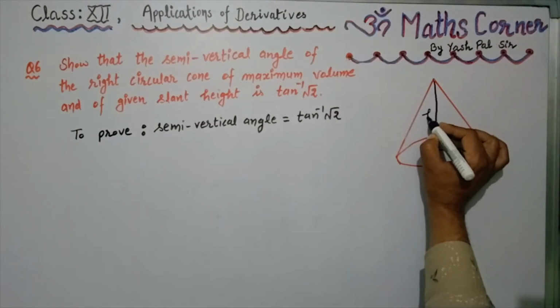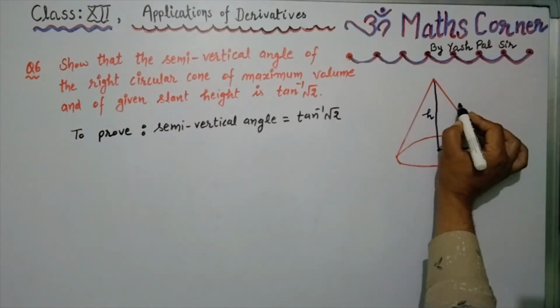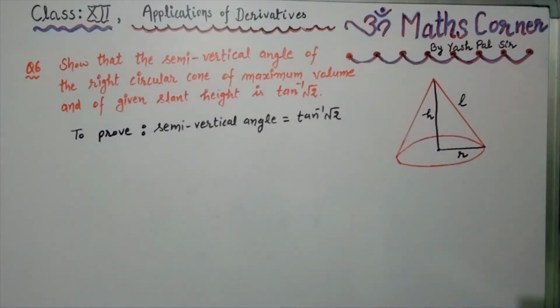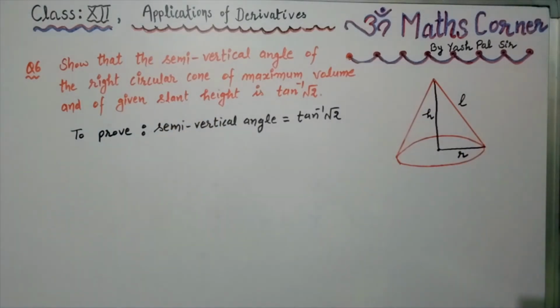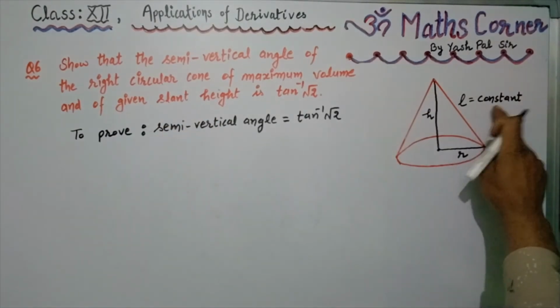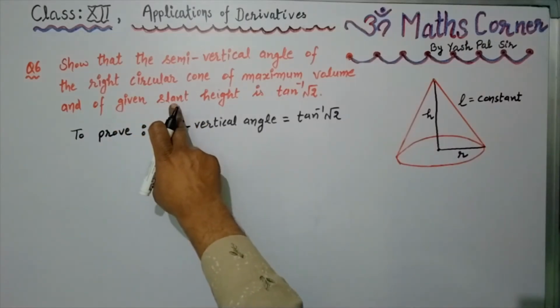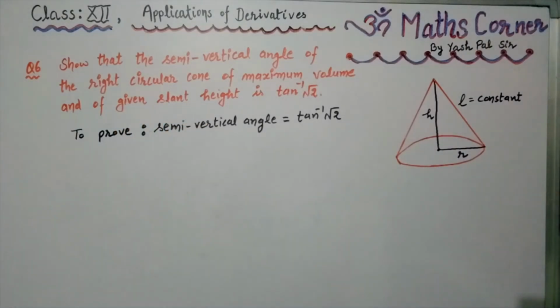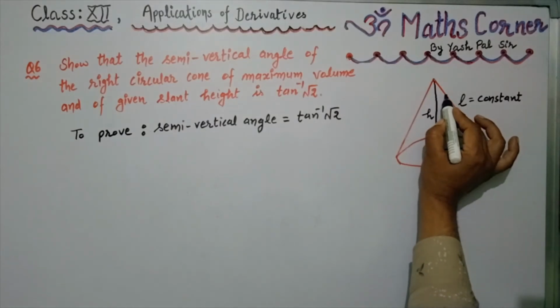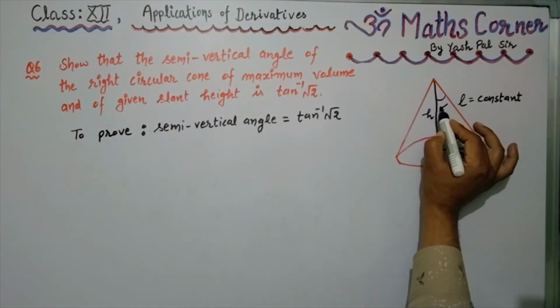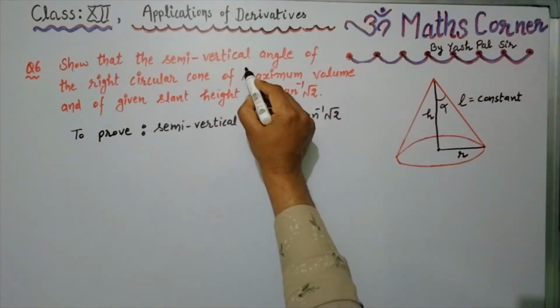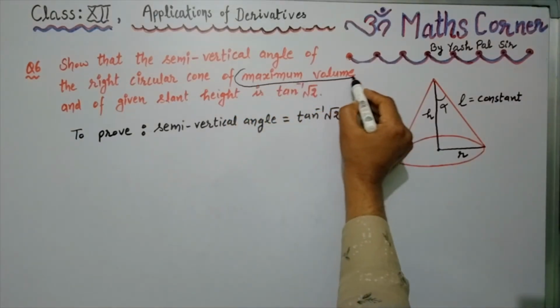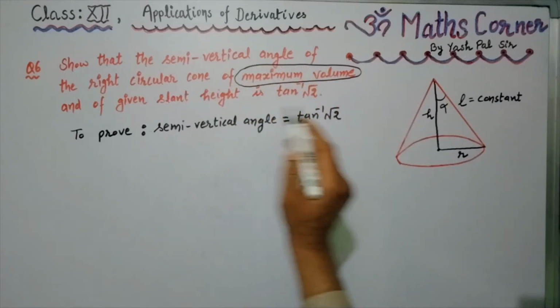Suppose r is the radius of the base circle of the right circular cone, h is the height and l is the slant height. Given slant height, it means l is constant. So l is equal to constant because this is given that the slant height is given. So here we take the semi-vertical angle. This is alpha.